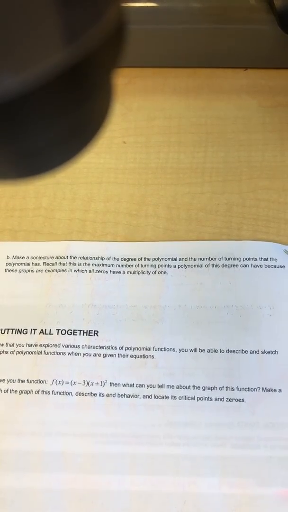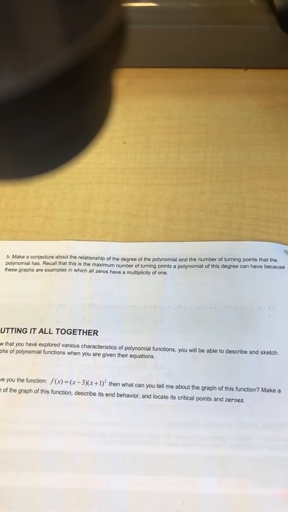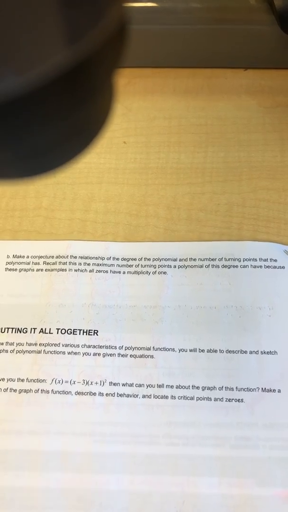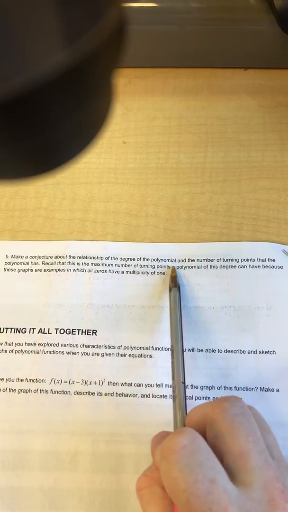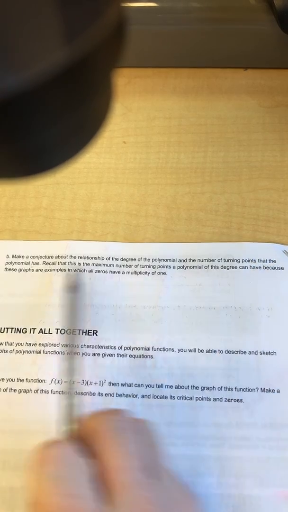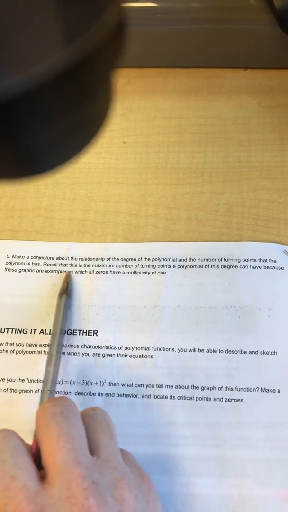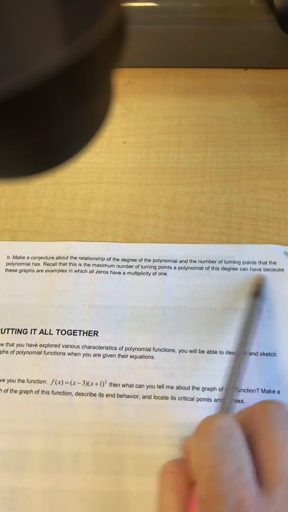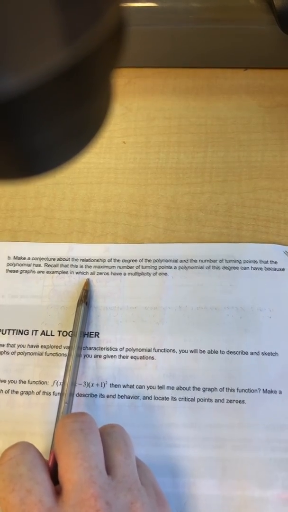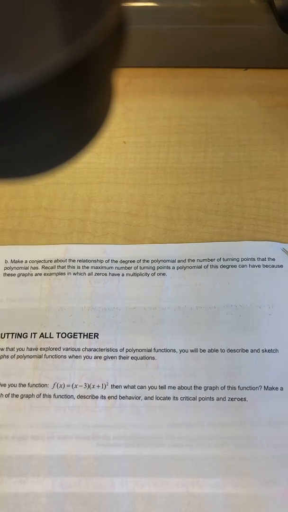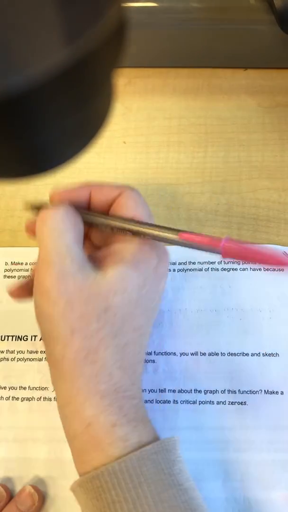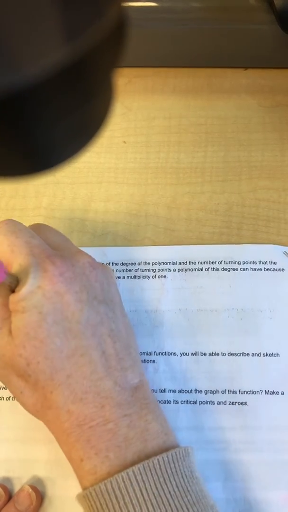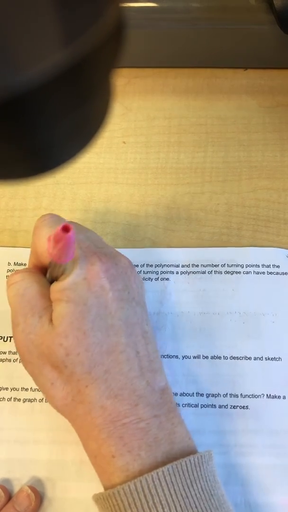Okay, back to kind of some of the same type of questions we dealt with earlier. It says make a conjecture, so make a hypothesis about the relationship of the degree of the polynomial and the number of turning points that the polynomial has. Recall that this is the maximum number of turning points a degree can have, because these graphs are examples in which zeros have a multiplicity of 1. So right here, what do we know about the turning points? First of all, what do I call those turning points here?